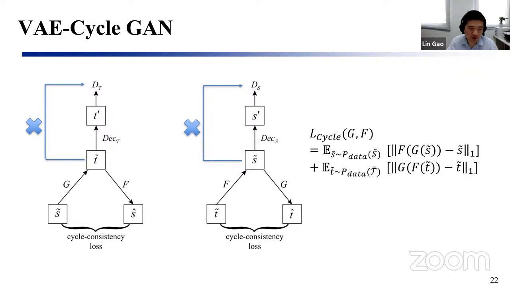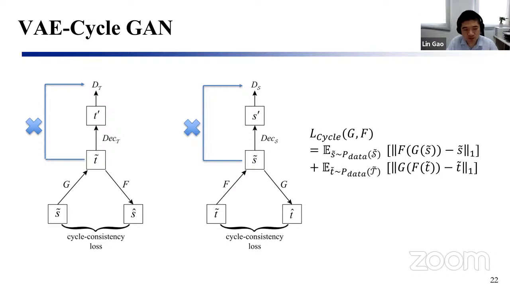Given the source shape, with the G function we could map to the target shape, and then with the F function we could go back to the source shape. The difference between the two source shapes should be very small. Actually, it should be zero, because from the source to the target and back, the difference should be as small as possible. This is the cycle consistency.